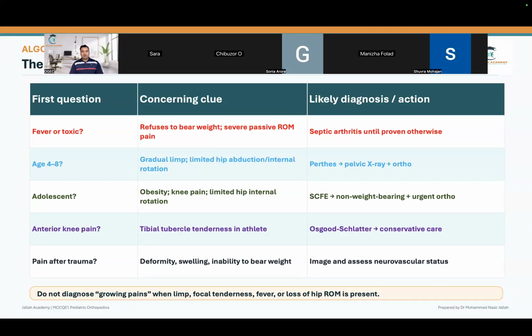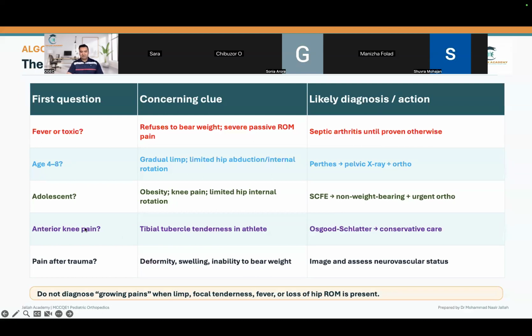Okay, so adolescents. I have an adolescent patient. My patient is obese. He has knee pain and limited hip internal rotation. It is slipped capital femoral epiphysis until proven otherwise. So non-weight bearing for my patient, and urgent orthopedic referral.